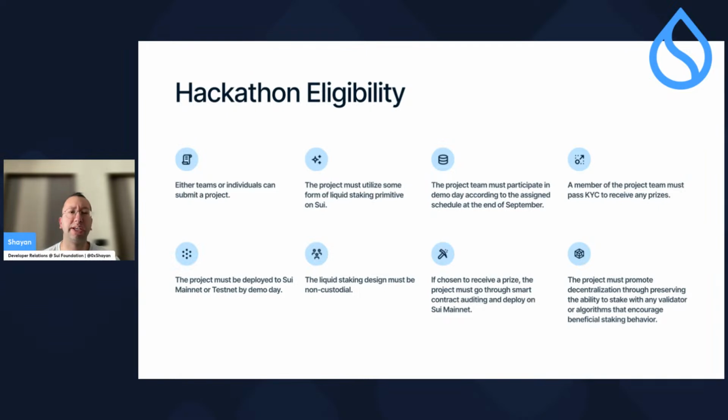From the very beginning, I said 25 million Sui is going to go towards protocols to help incentivize liquidity, to help you as a protocol bootstrap your project. In previous hackathons, we said, okay, you can deploy to testnet, you can deploy to mainnet, whatever, but there was no such emphasis on creating an actual product that would get real users' money.